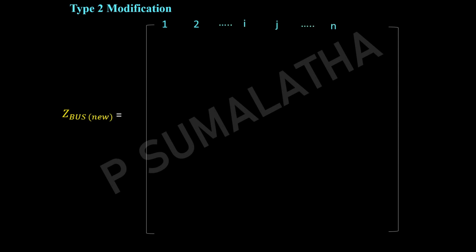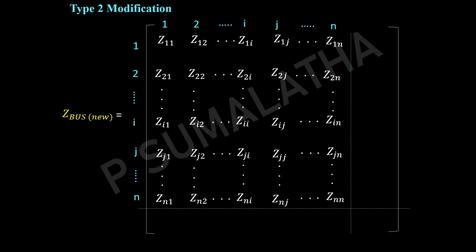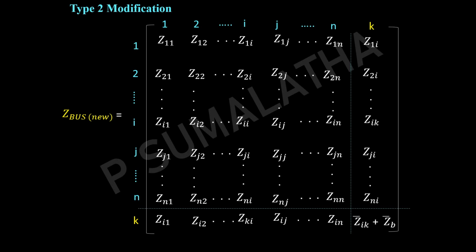Finally, let us represent the complete matrix after the type 2 modification. Zbus new equal to Zbus old, which is formed between the existing partial network nodes and the kth node. We have the equation for the off-diagonal elements, that is Z1k, Z2k.